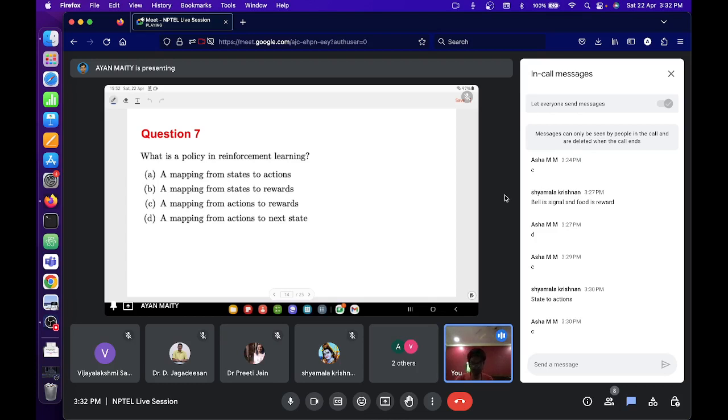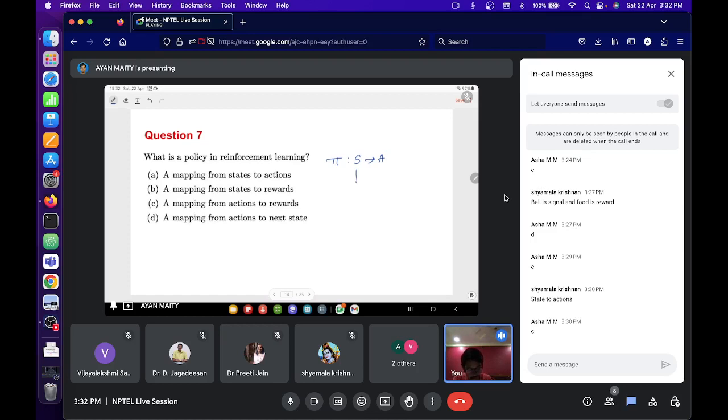So policy is written as pi in reinforcement learning, which is a mapping from S to A. So the S represents the set of states, and A represents the set of actions. So given a state, policy gives you the best possible action for that state.